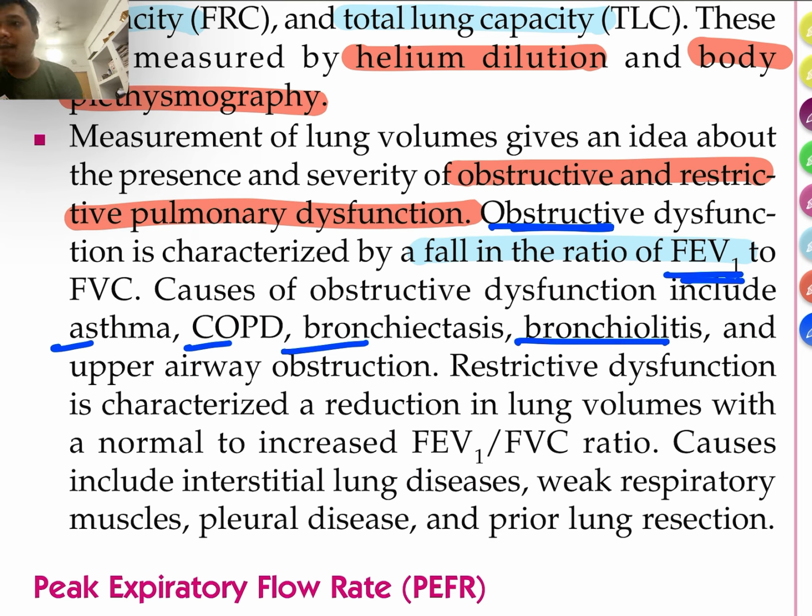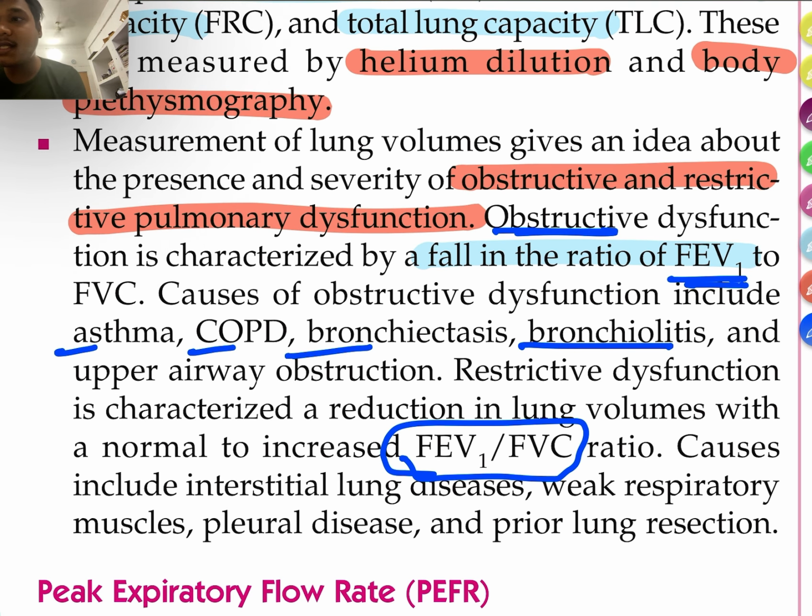Next is restrictive dysfunction. That was obstructive; now we will look at restrictive dysfunction. It is characterized by a reduction in lung volume with a normal FEV1 ratio. Remember, FEV1 with respect to forced vital capacity is normal; both values are decreased overall, but the ratio stays the same. This is used to differentiate restrictive from obstructive disease.